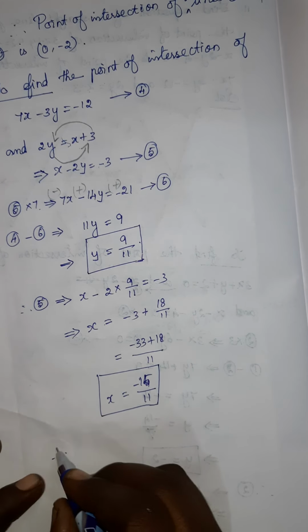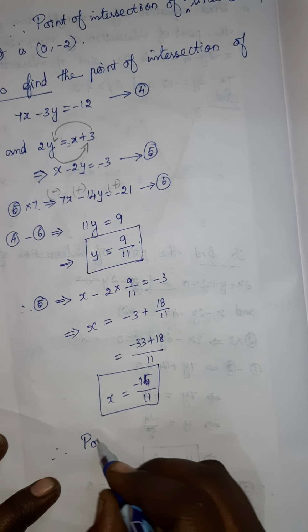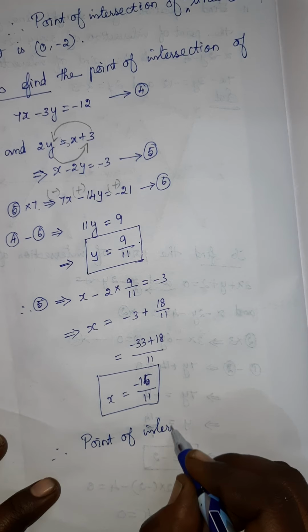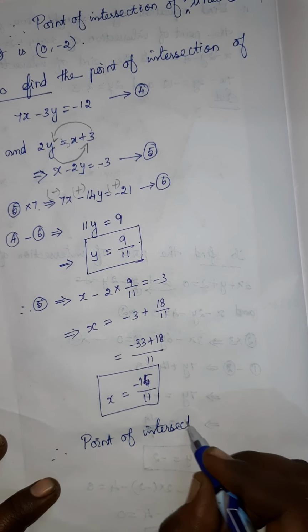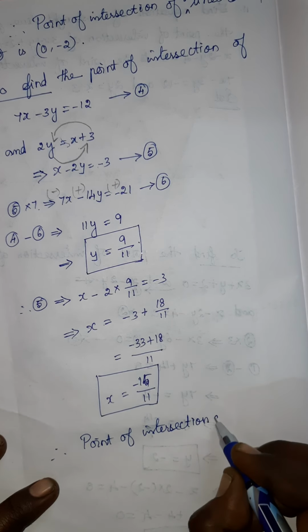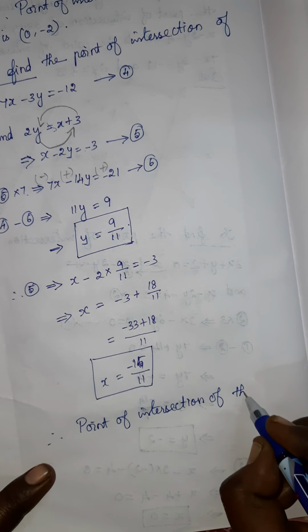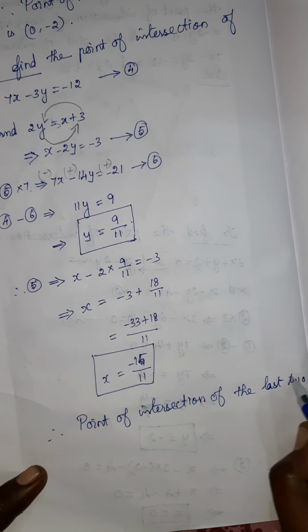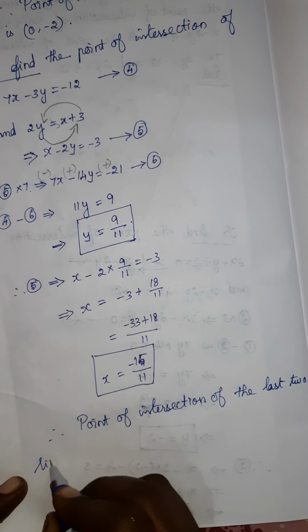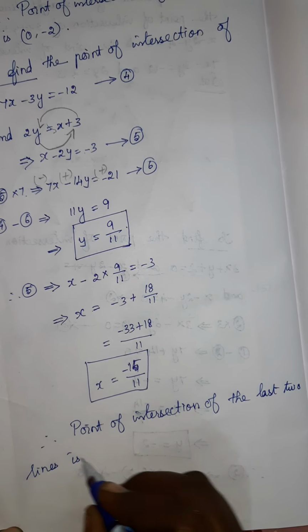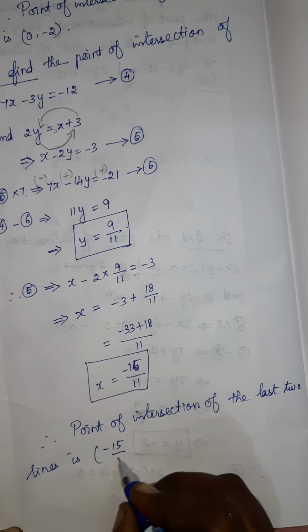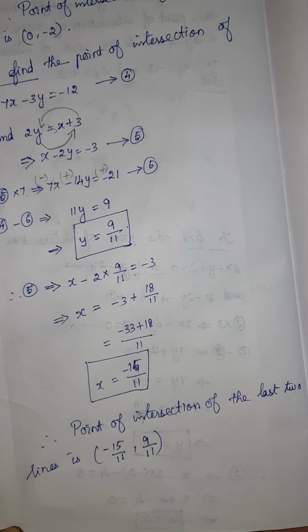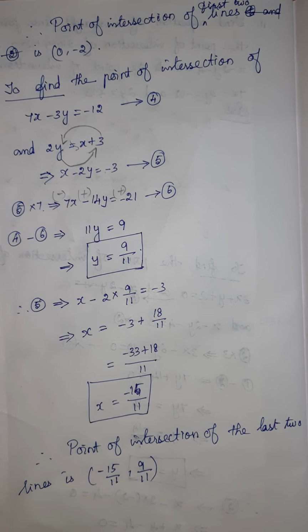We can write therefore the point of intersection of the last two lines is minus 15 by 11, 9 by 11. So we got the two points of intersection.